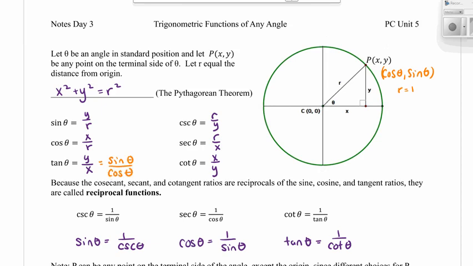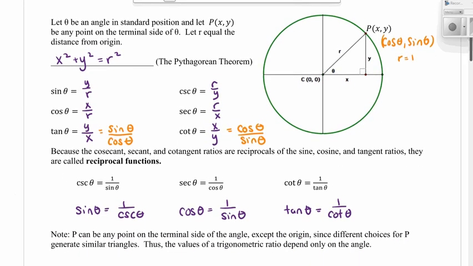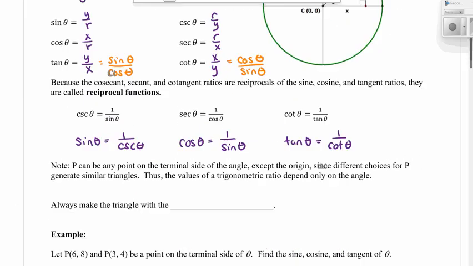And cotangent would be the cosine of the angle over the sine of the angle. So these down here, the ones we just wrote, are called quotient identities. And the ones below are the reciprocal identities that we use. We're going to use these to help us find trig functions of any angle.